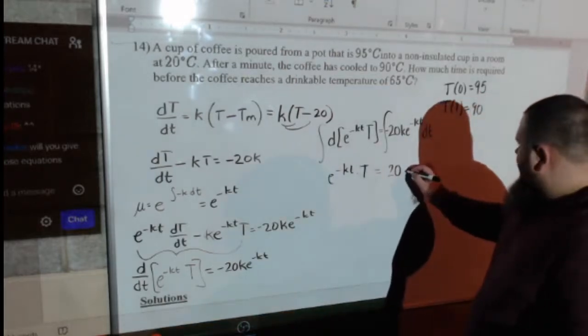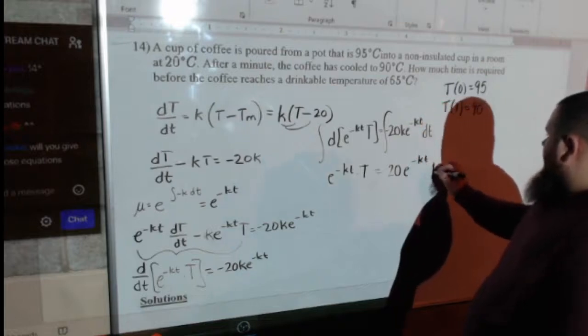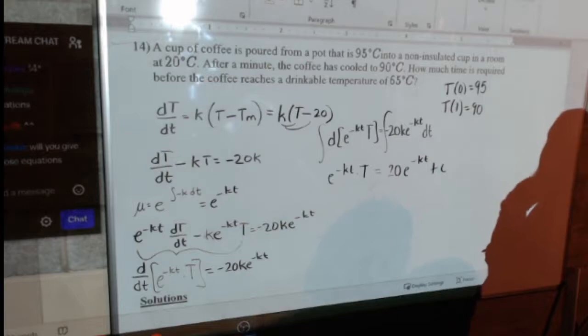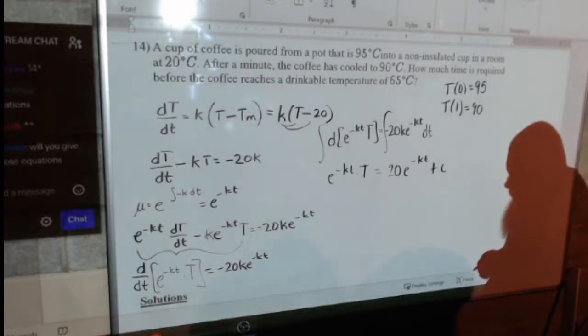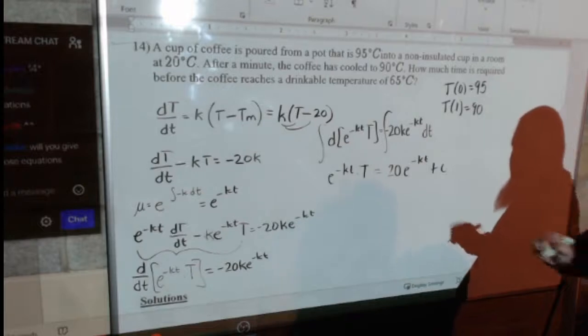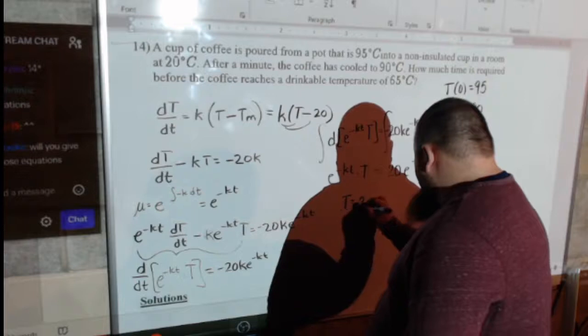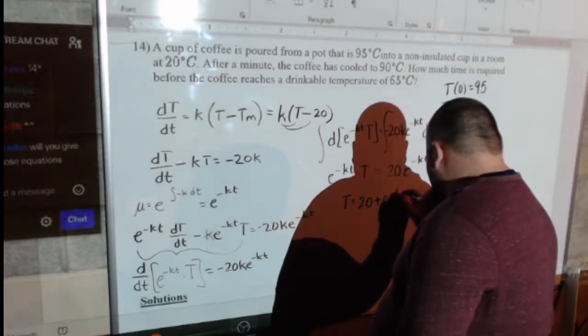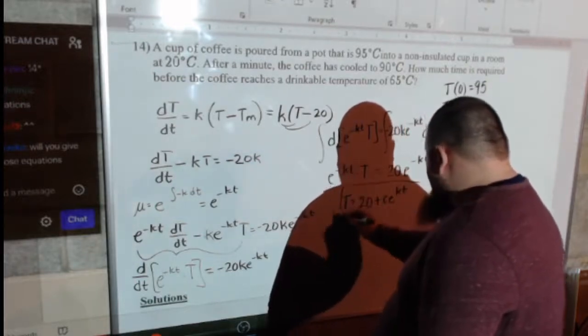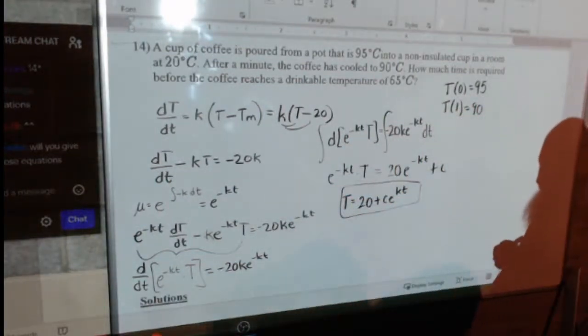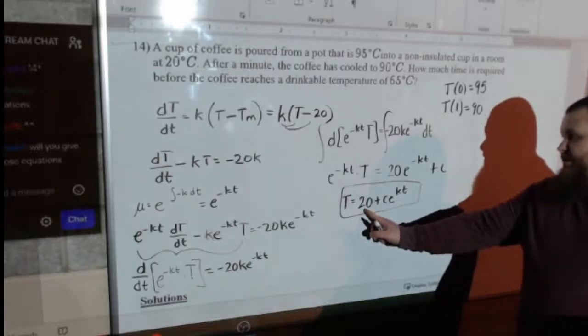So I just get back e to the minus kt over here, plus a constant. And then I want temperature by itself, so divide everything by e to the minus kt. And I get that equation. And as you guys might recall, that's the equation we get every single time. The only difference is this number here, because that's Tm.